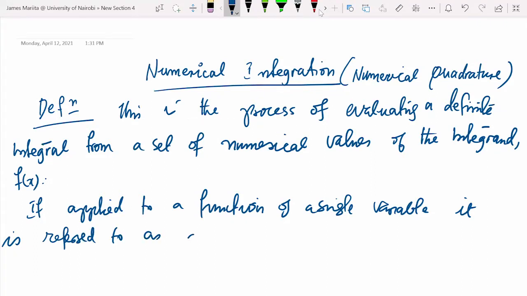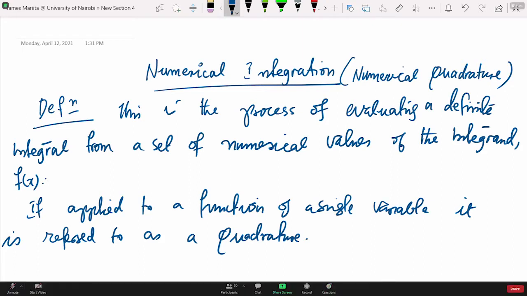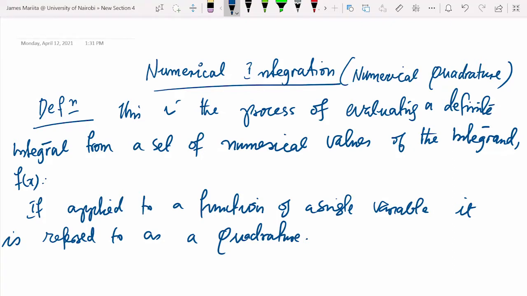So the process of evaluating, now sometimes it's possible that you can integrate a given integrand analytically, but there are some situations where it's impossible to integrate a given function using analytical methods.